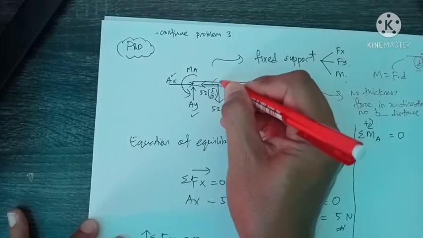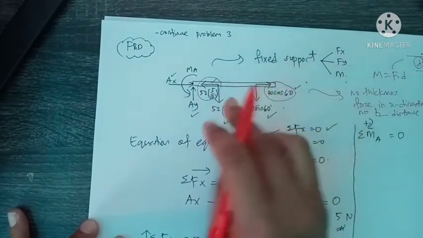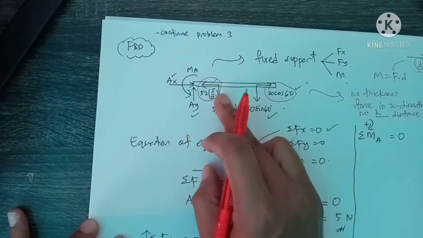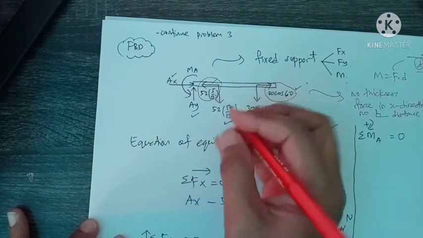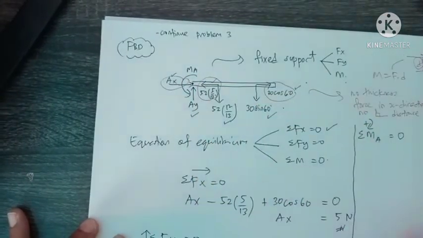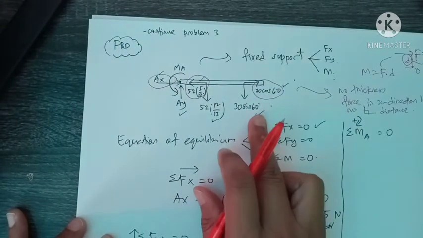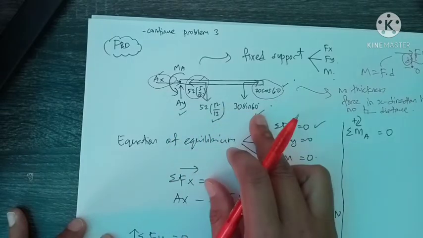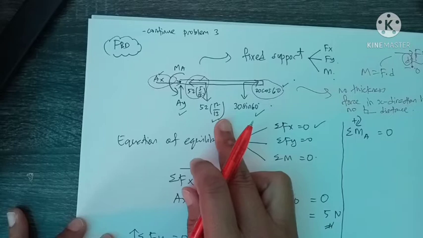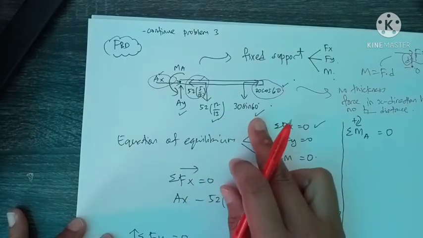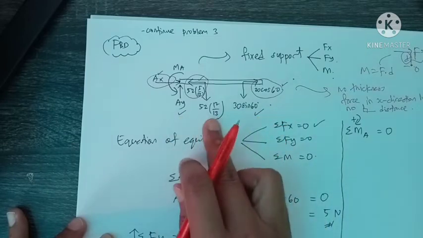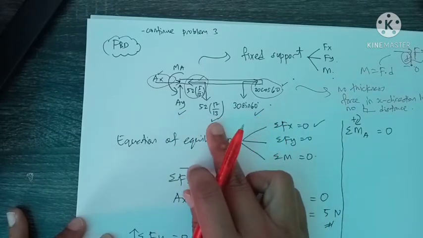This force also, 52 5/13, is in x direction, so it will produce 0 moment, and also Ax. So the only forces left are Ay, 52 12/13 and 30 sine 60. So there are three forces left here.